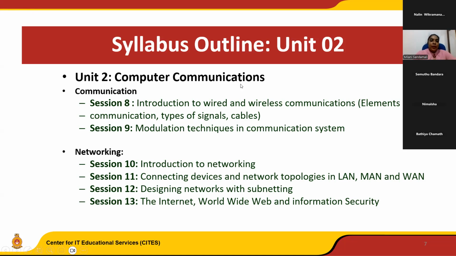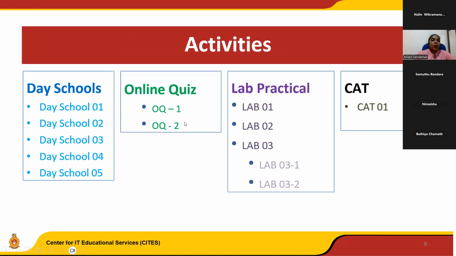And as activities, there are 5 day schools, 2 online quizzes, and 3 lab practicals, as well as 1 CAT. Previously we had 2 CATs, but this year we have 1 CAT for this subject. Learning does not happen by listening, you know that, okay?